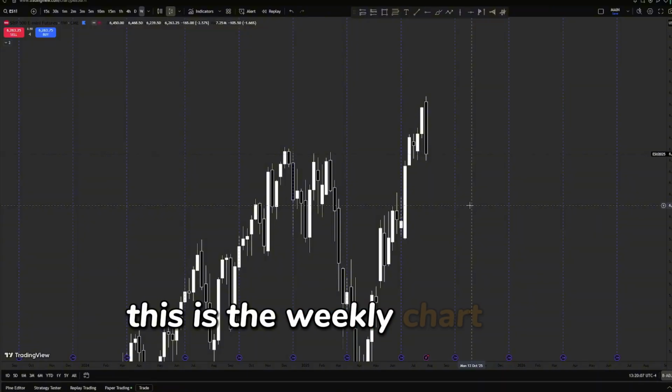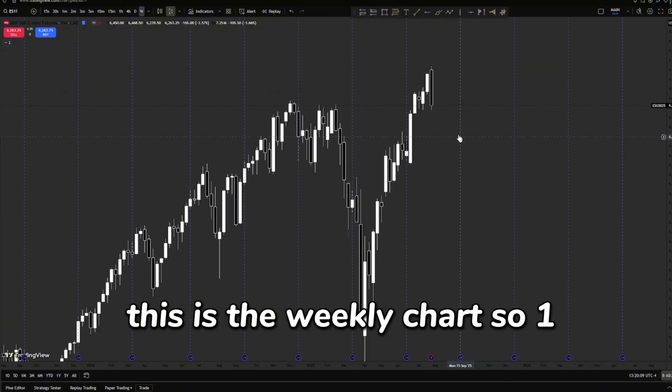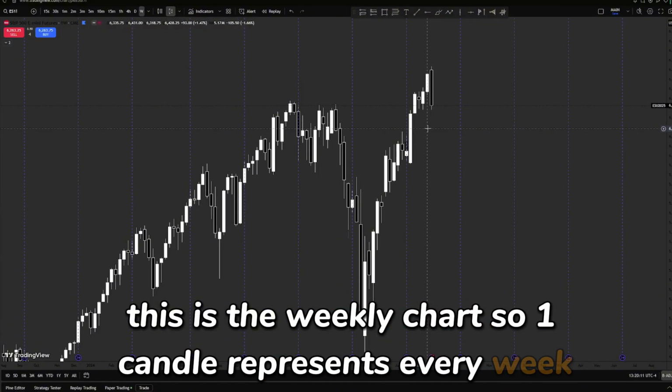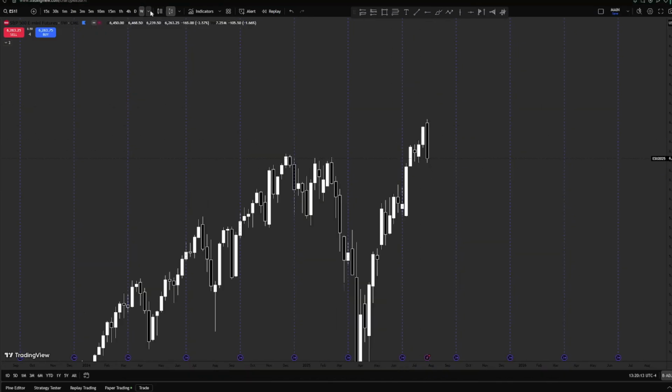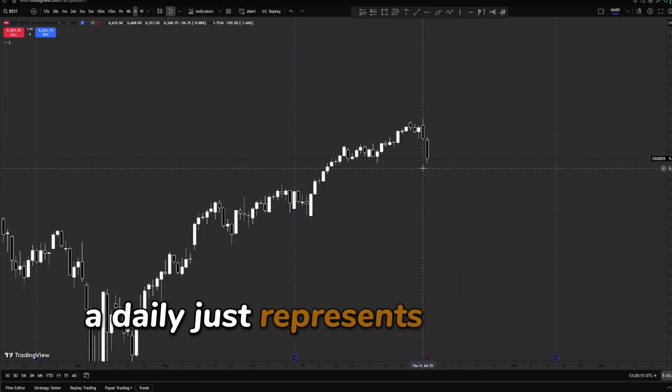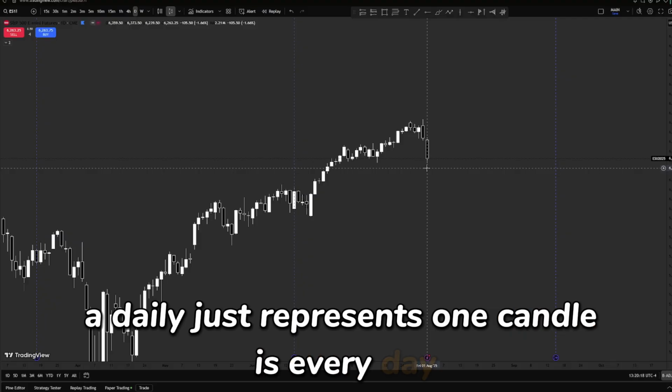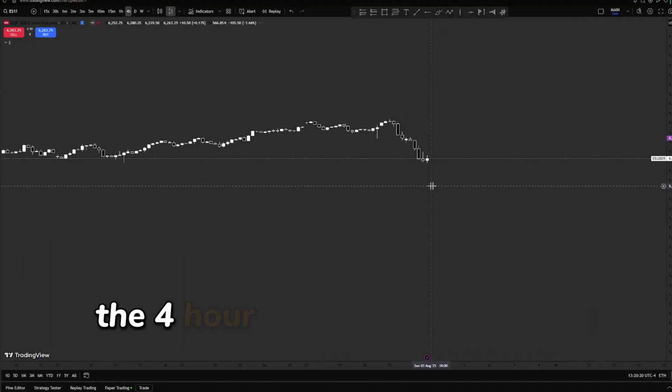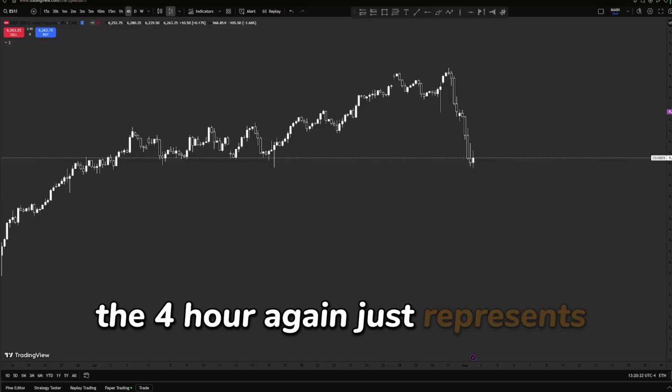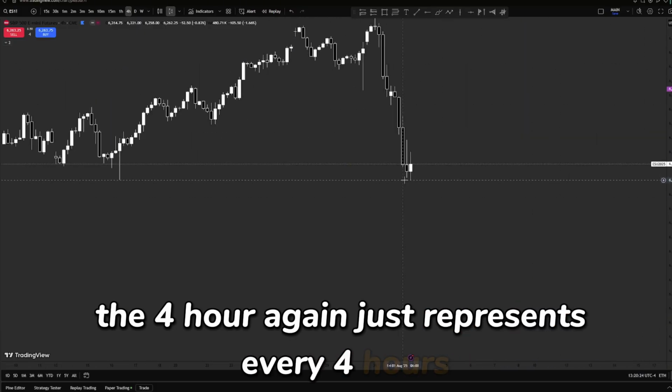This is the weekly chart, so one candle represents every week. Daily just represents one candle every day. The 4 hour, again, just represents every 4 hours.